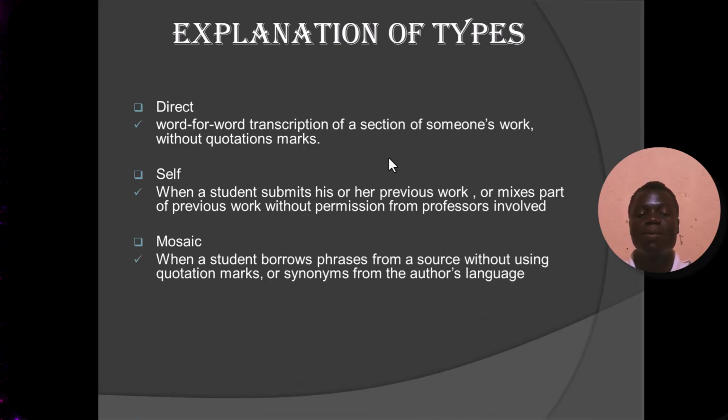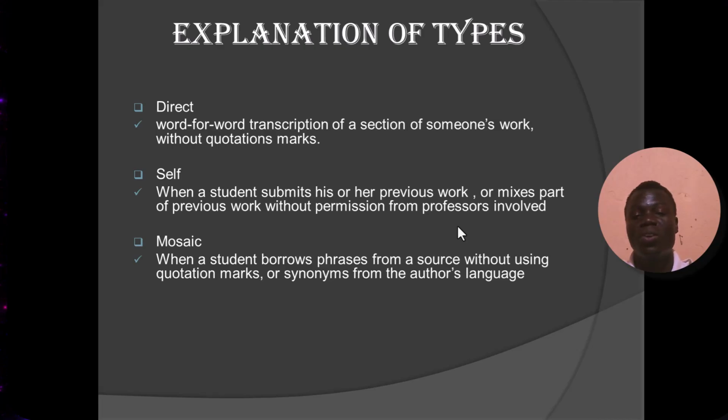Let us look at mosaic plagiarism. This occurs when a student borrows phrases from a source without using quotation marks, or uses synonyms for the author's language, and you don't acknowledge the work of the author, whether you intended it or not.